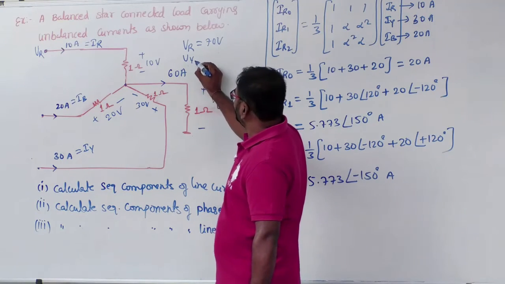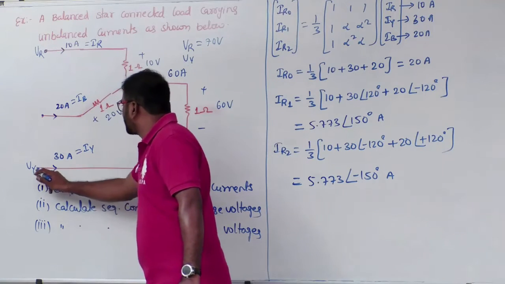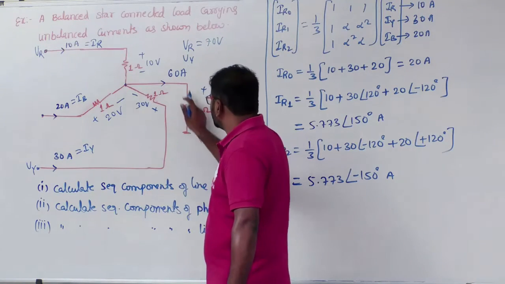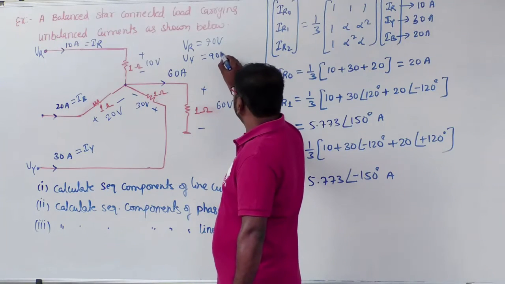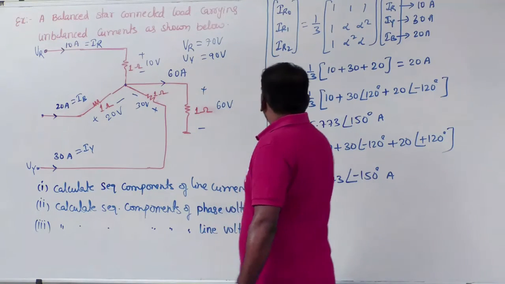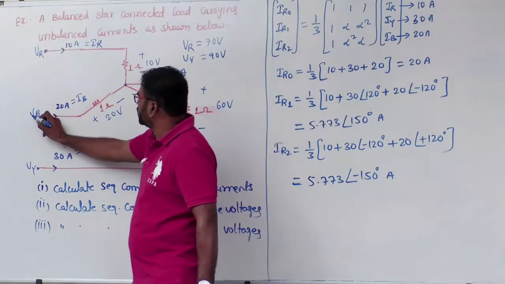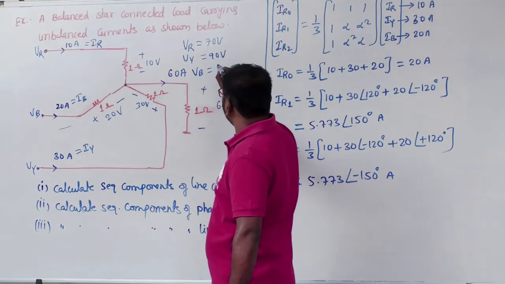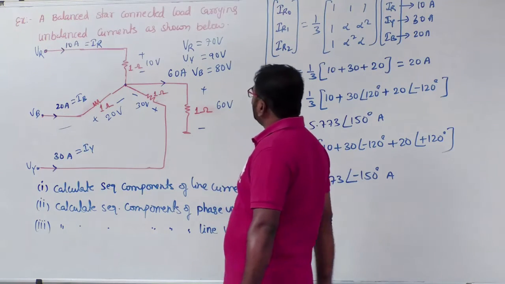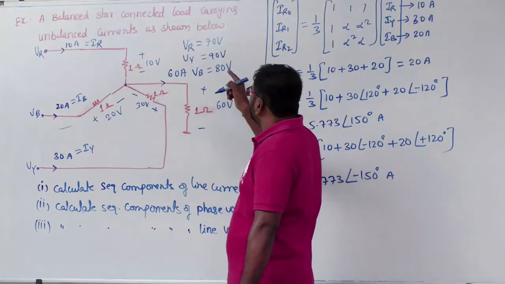And Vy, the Y phase voltage, with respect to ground: you have to go like this in this loop, 30 plus 60, 90. Now what is Vb? The voltage from here to ground: 20 plus 60, 80. So Vb equals 80 volts. So we got Vr 70, Vy 90 and Vb 80.